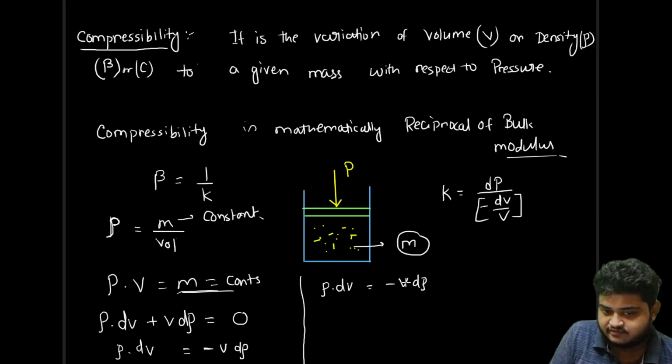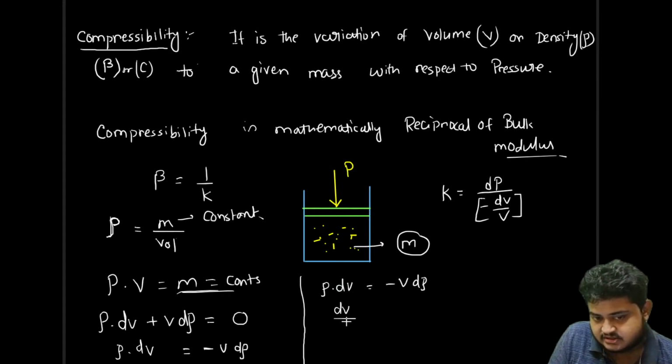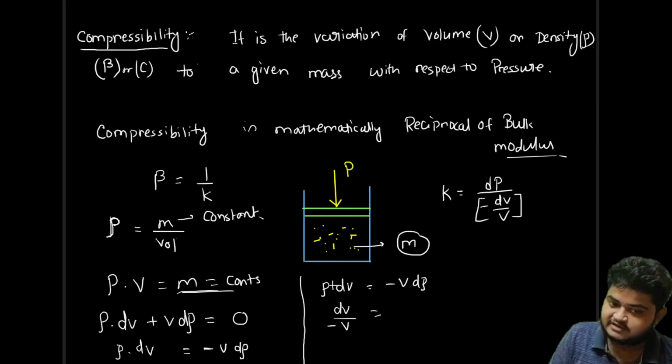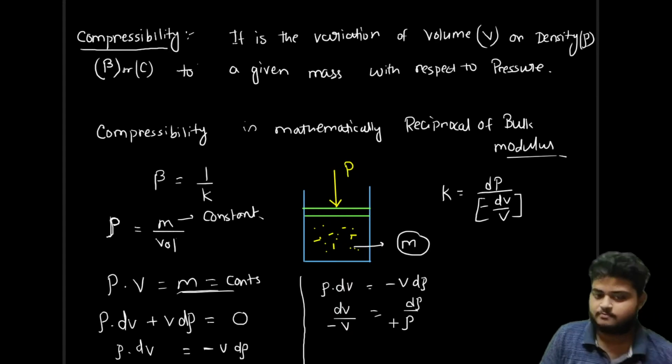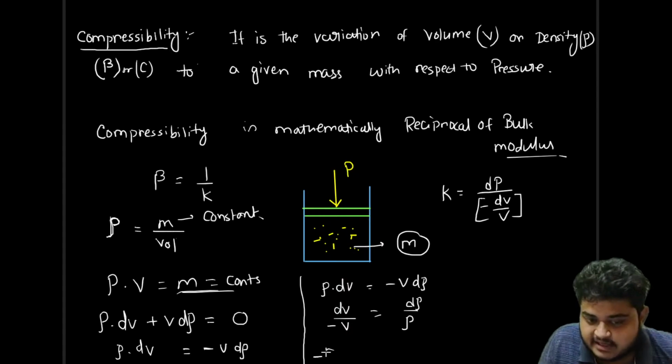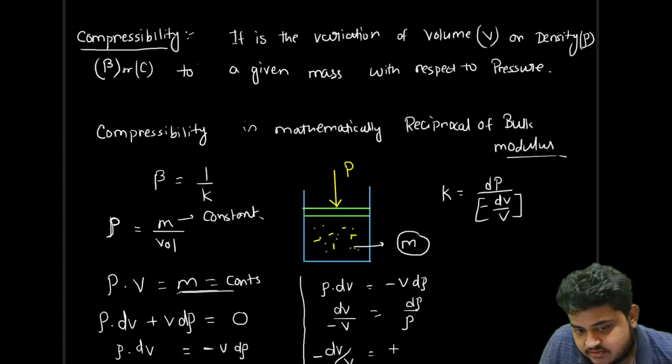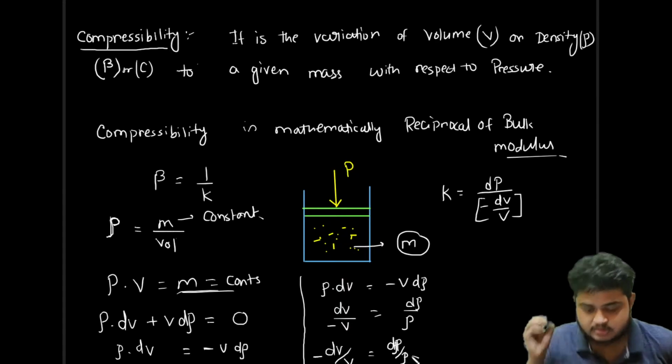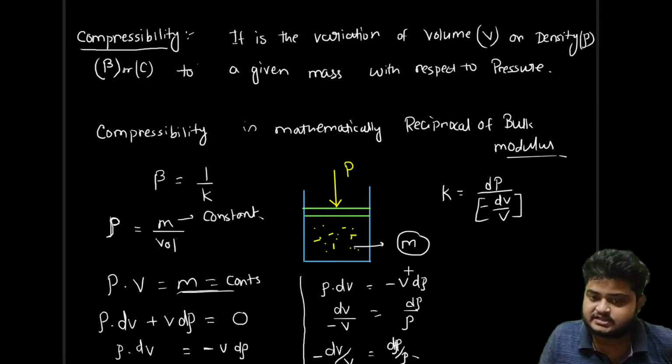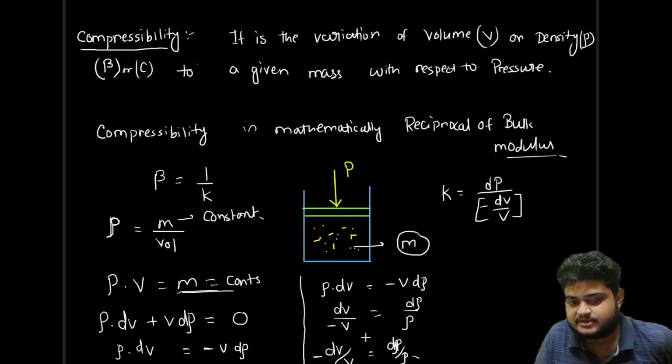If I take this V to the left hand side, it will come as minus dV by V, and if I send this rho to the right hand side, it will come as dρ upon rho. So we are getting this equation: minus dV by V is equal to dρ by rho.